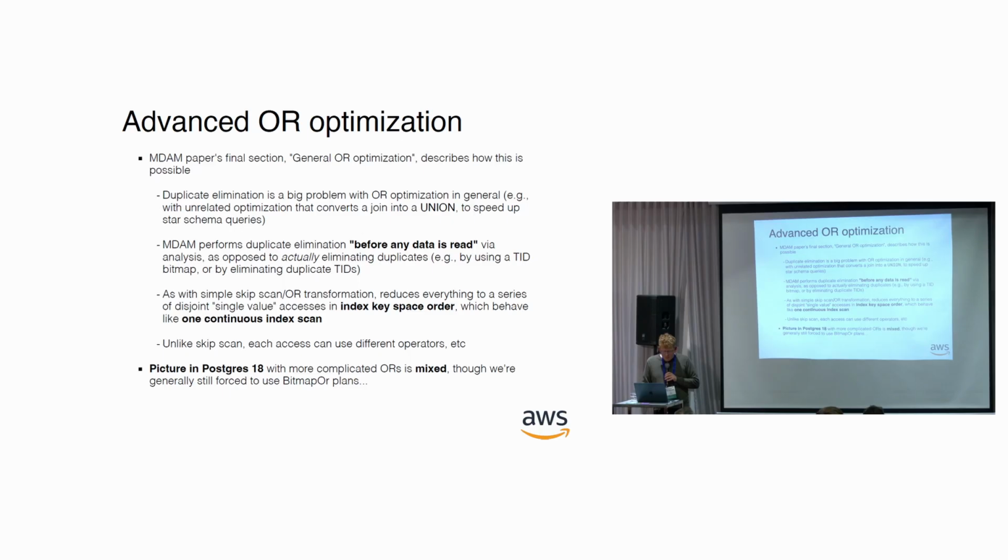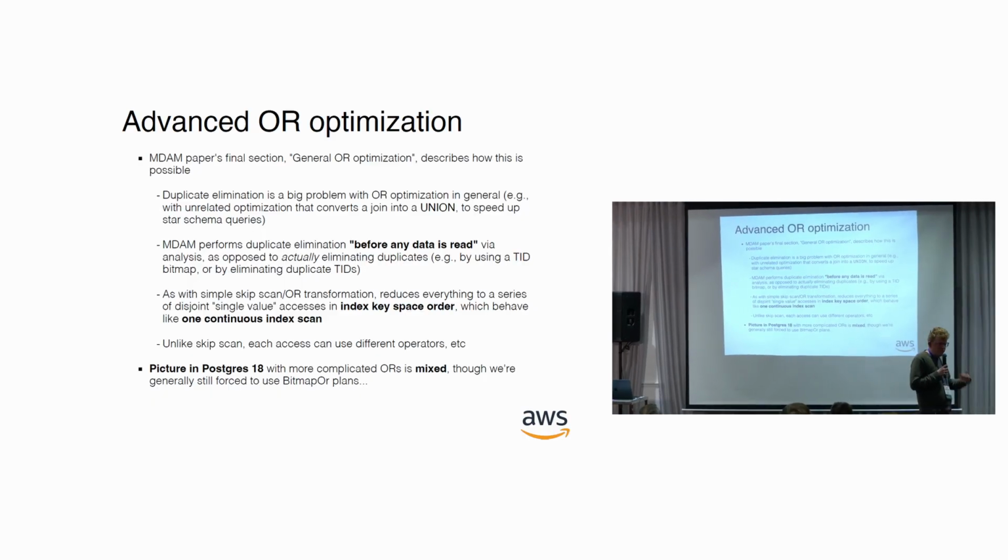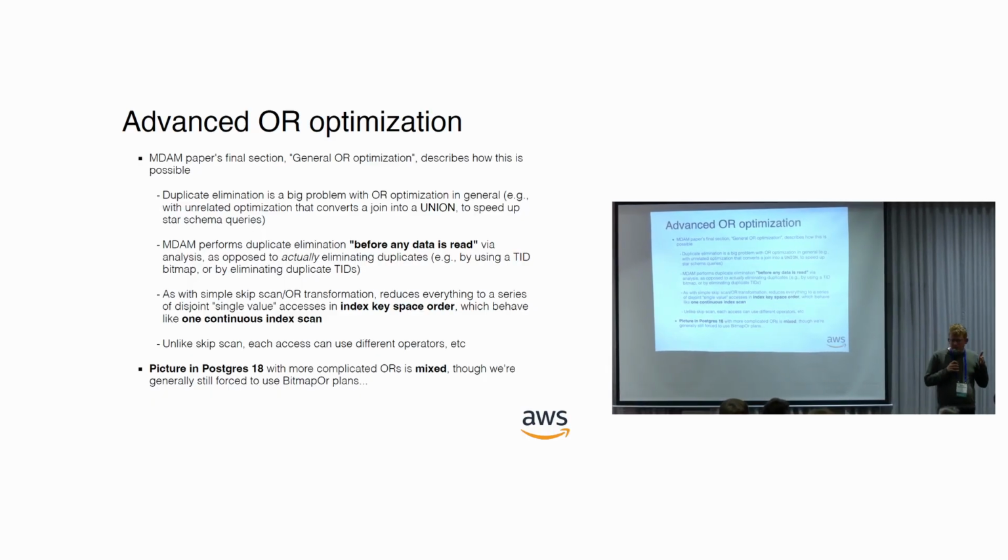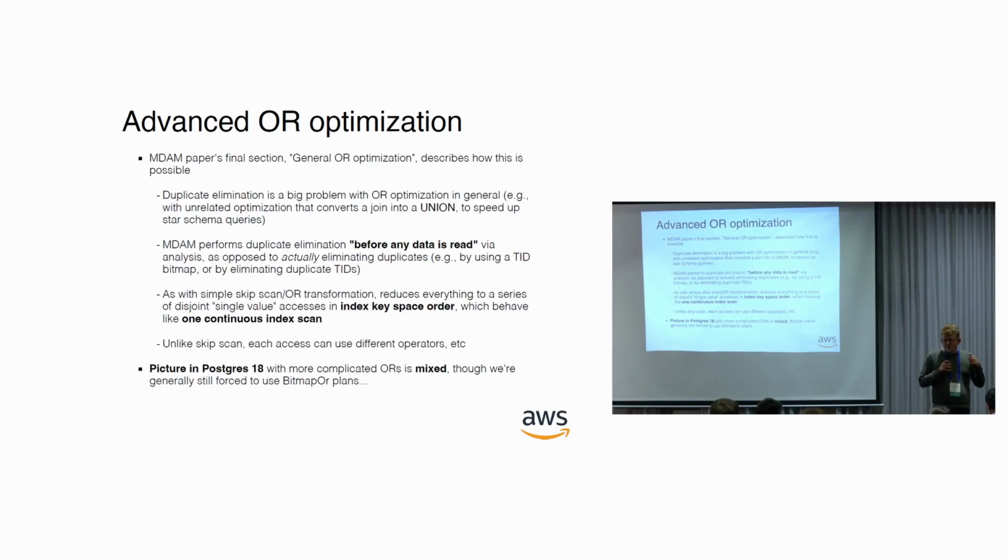One important aspect of this is that in order for any of this to be correct, when we're using a bitmap index scan with bitmap heap scan, one of the things we get for free, if you like, is duplicate elimination. It's only possible to set a bit in the bitmap once.